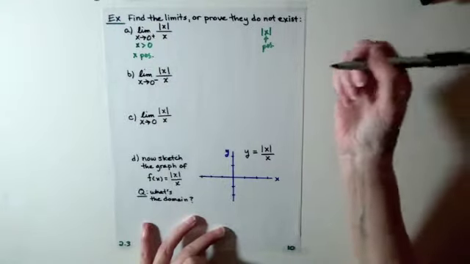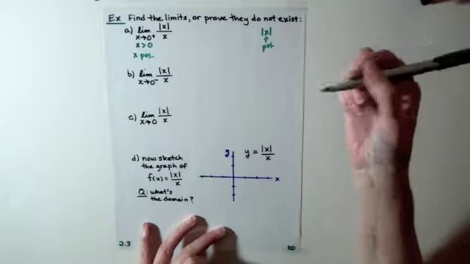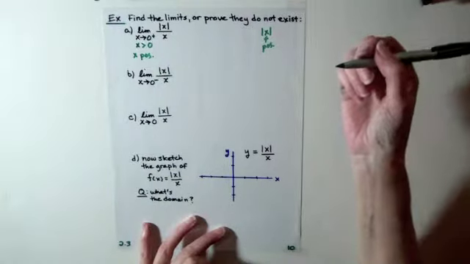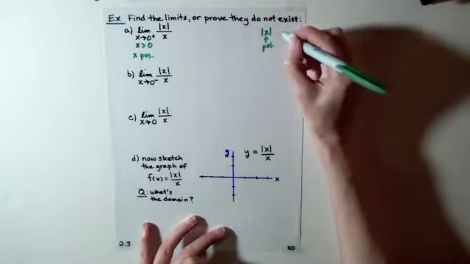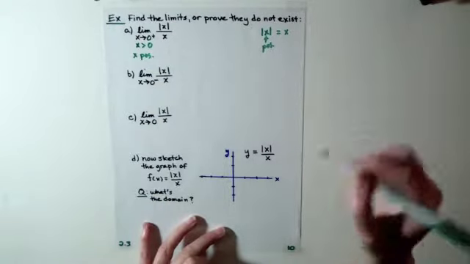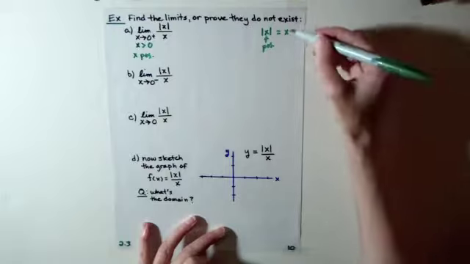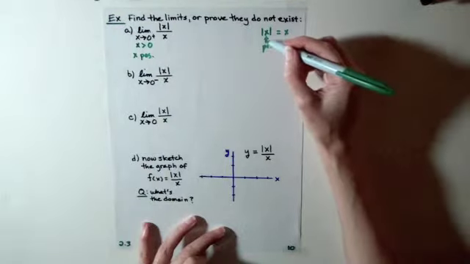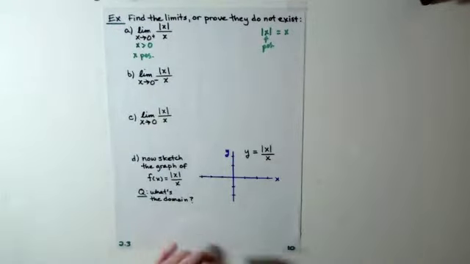If x is something like the number 6, the absolute value of 6 is just equal to 6. I can just take the absolute value signs away. So if I know for a fact that x itself is a positive number, I don't need the absolute value signs. Absolute value of x is just equal to x.